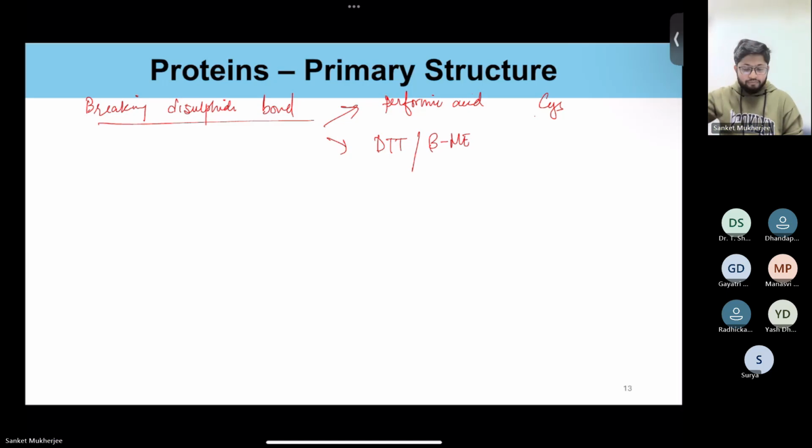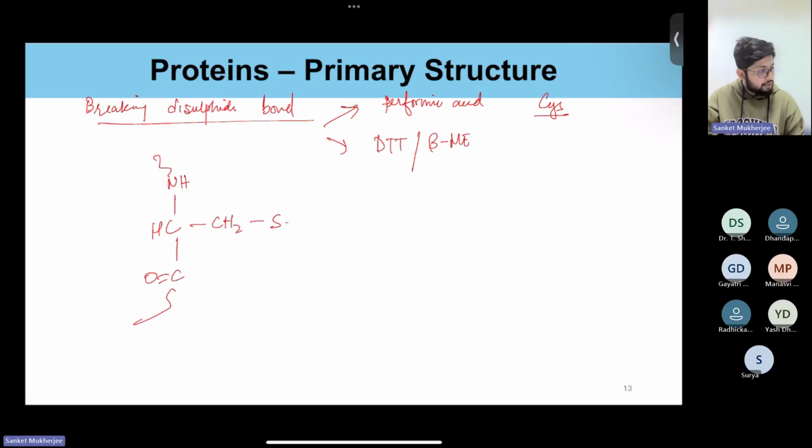So how is it done? Let's look at it. So if we have an amino acid which has a disulfide linkage in between, to break this, there are two ways.